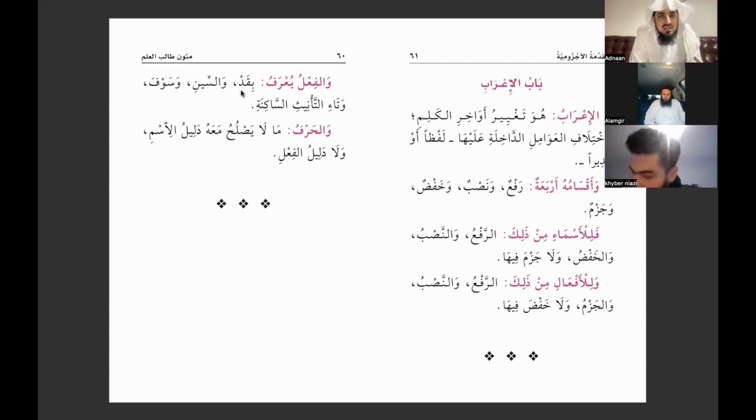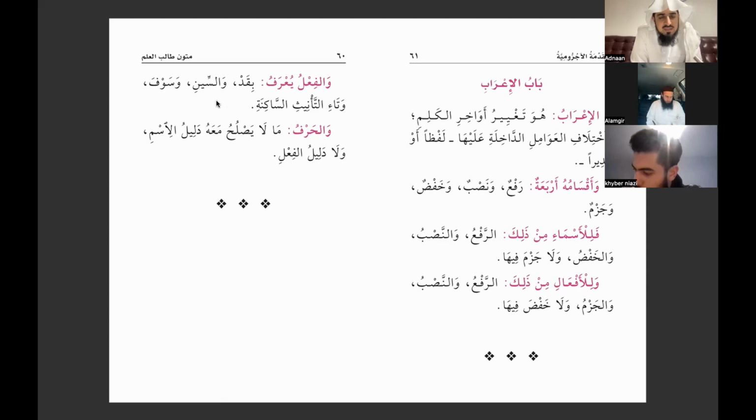And qad can come before fi'l madi or fi'l mudari'. For example, Allah says in the Quran, قَدْ سَمِعَ اللَّهُ. قَدْ, and then سَمِعَ is a fi'l because it comes after قَدْ.